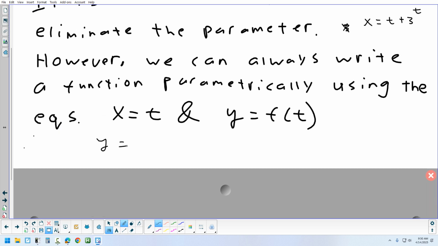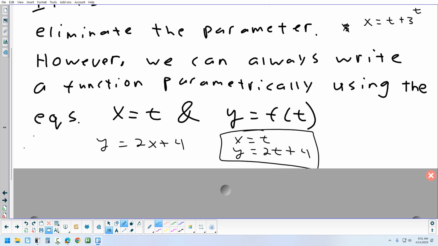Say you had this equation, and I said to you to rewrite that parametrically. Well, if you just write down x equals t, and then you write y equals 2t plus 4. That is the parametric way to write that. Because now do what we just did, change this back. Your first step is to solve the x equation for t.